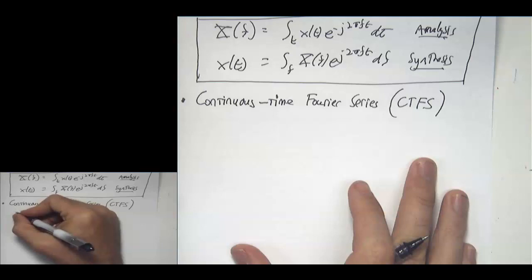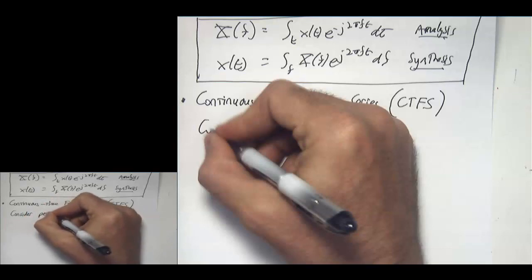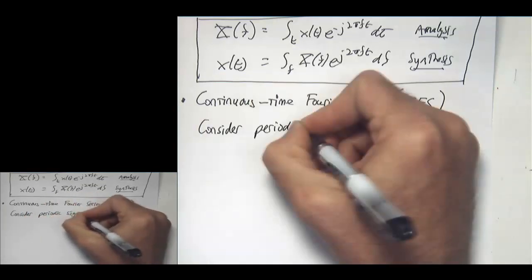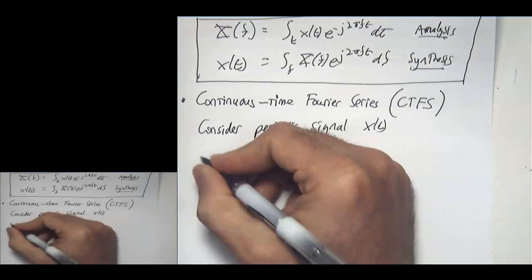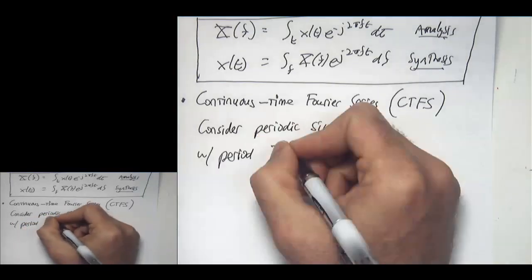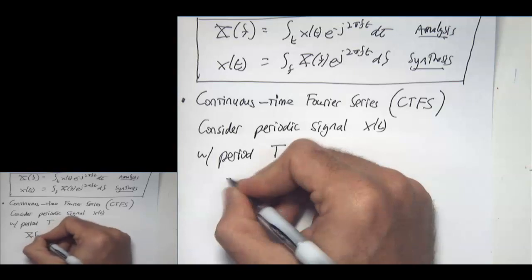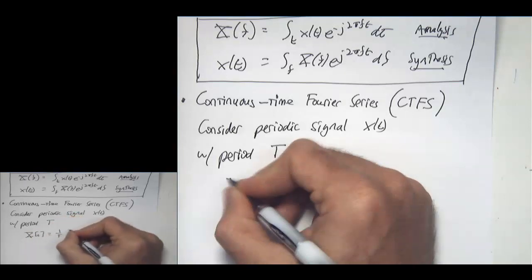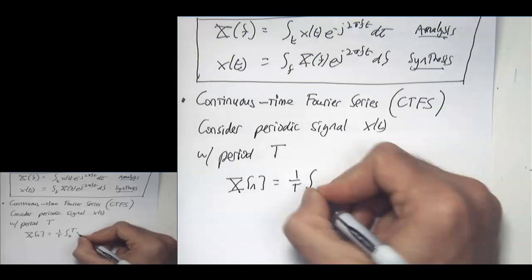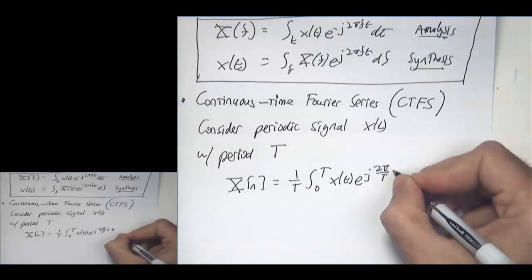Suppose that we have a periodic signal x of t with period T. Then it has a set of Fourier series coefficients, where these coefficients X of n are the result of integrating that signal over one period, any period will do, times e to the minus j 2 pi over T n t dt.